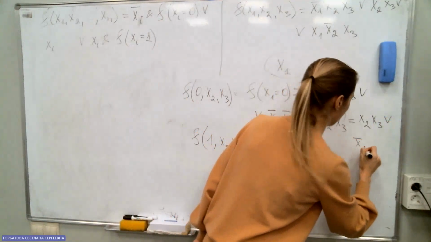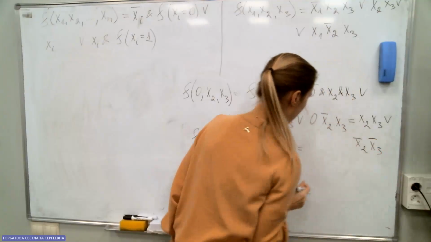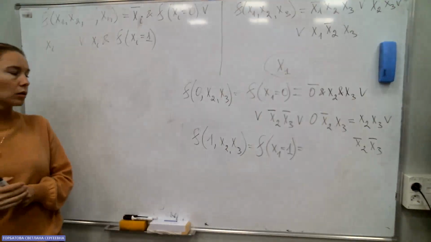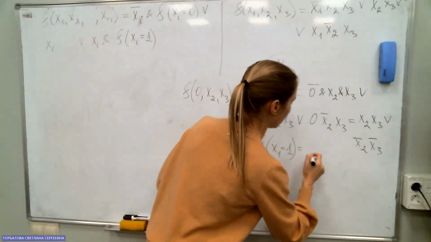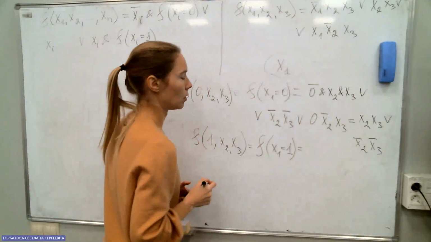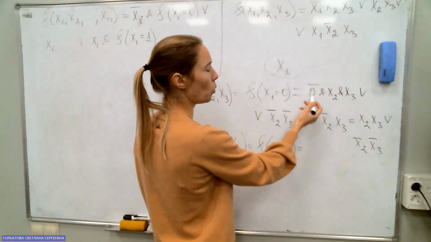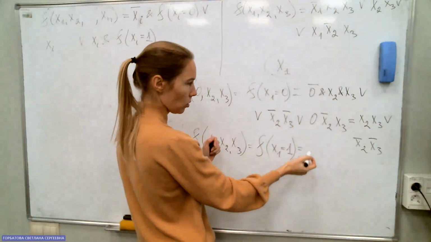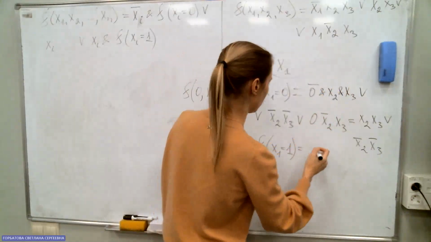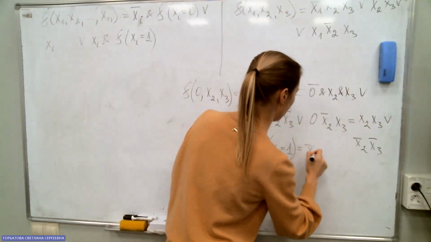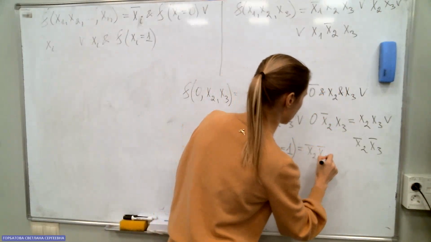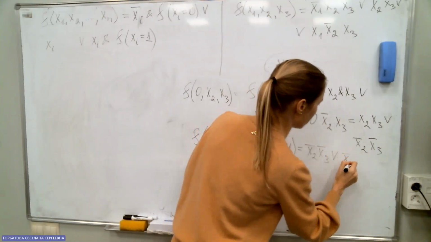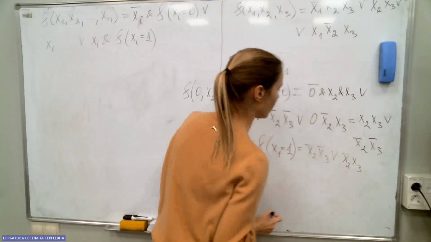Not 1 is 0, so this part disappeared. Not x2, not x3, disjunction not x2, x3.